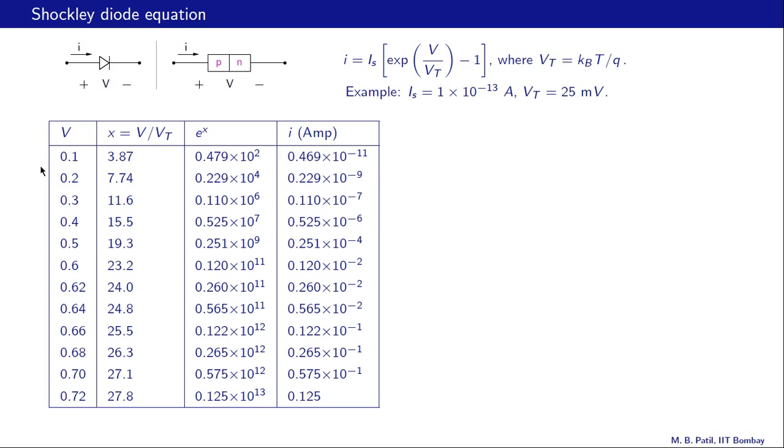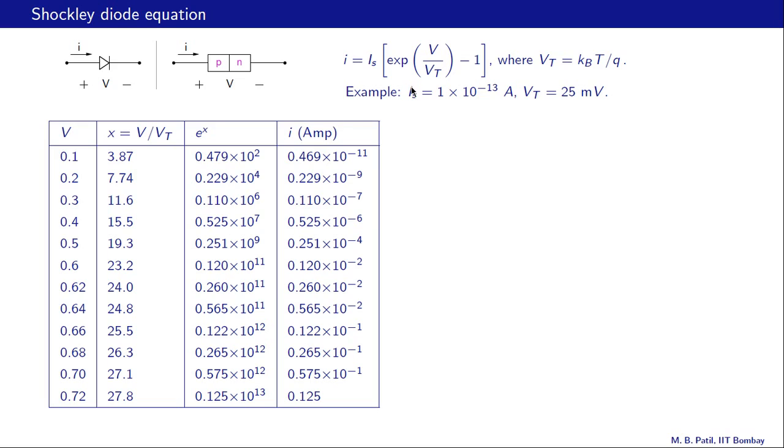Let us look at one of these entries, say V equal to 0.1 volts. So we put V equal to 0.1 volts here, or V equal to 100 millivolts. Vt is 26 millivolts, so 100 by 26 gives 3.87.